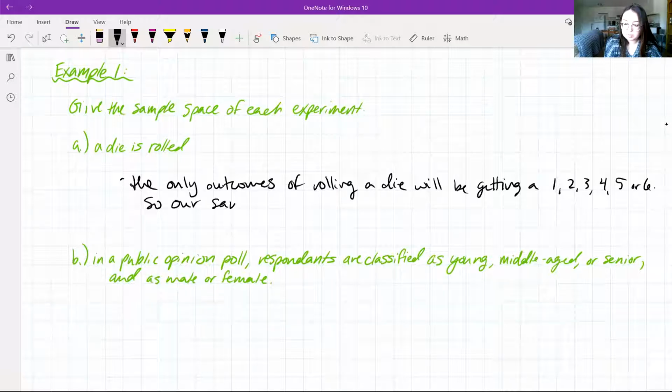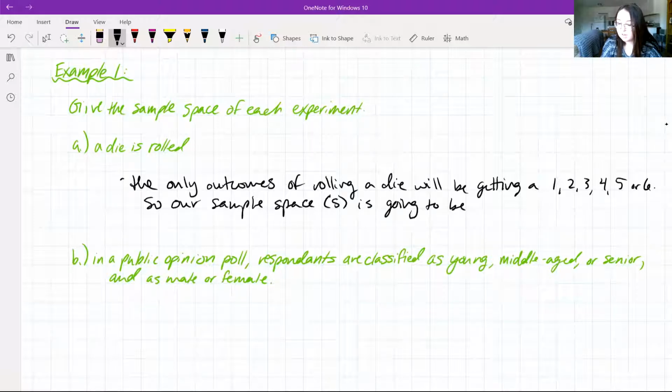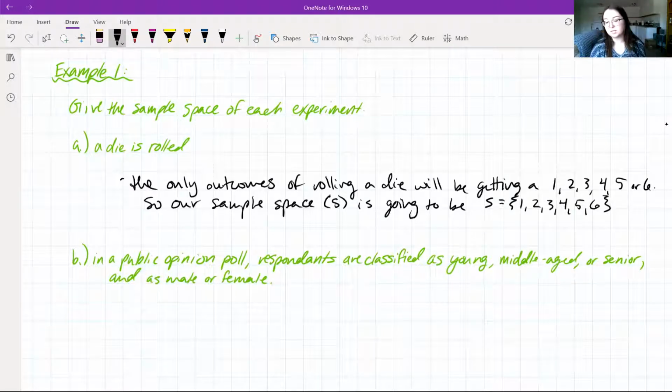So our sample space, and once again we're going to call this S, is S equals the set of 1, 2, 3, 4, 5, and 6. Even if we roll this die 100 times, these are the only outcomes we're ever going to have, because your die can't magically come up with 7 or 8 or 0 or anything along those lines.